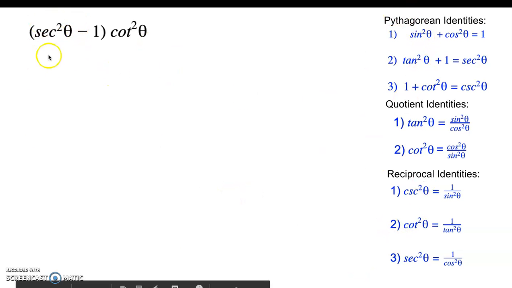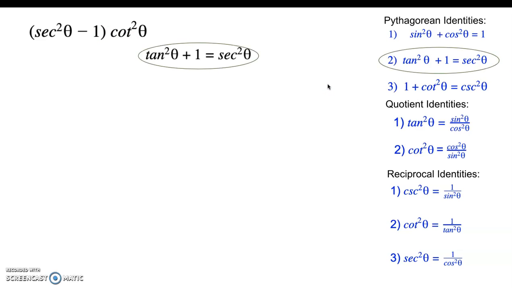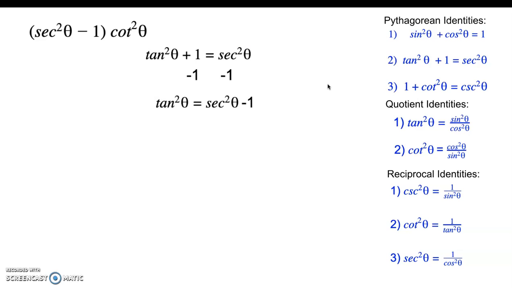We have a secant squared theta and a 1, and we also have a secant squared theta and a 1 under our Pythagorean identities. So we can rewrite this identity like so, and we get tan squared theta is equivalent to secant squared theta minus 1, so we can substitute tan squared theta into this expression.